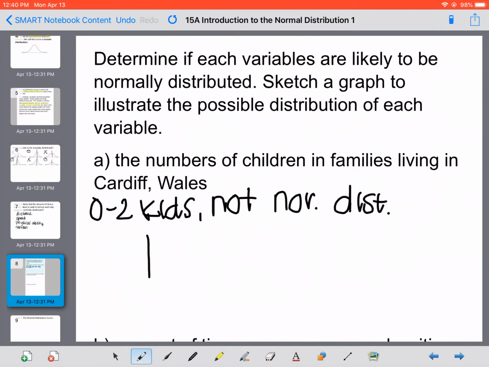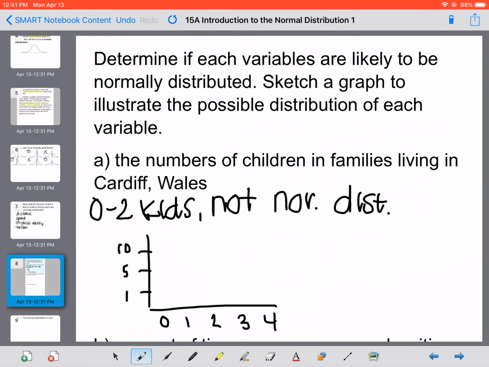So I could draw this where we have 0 kids, 1 kid, 2 kids, 3 kids, 4 kids. And this is the number of families. So, in thousands, let's say there's 1,000, 5,000, 10,000.